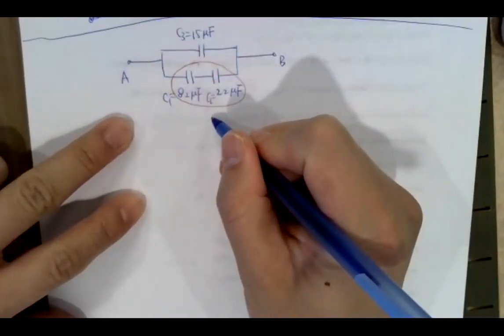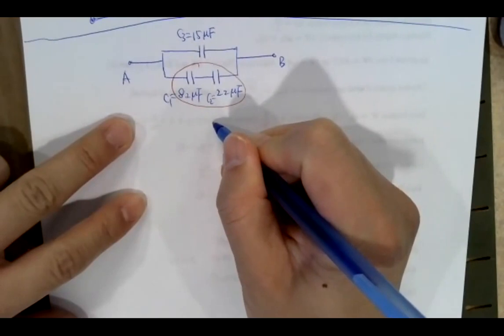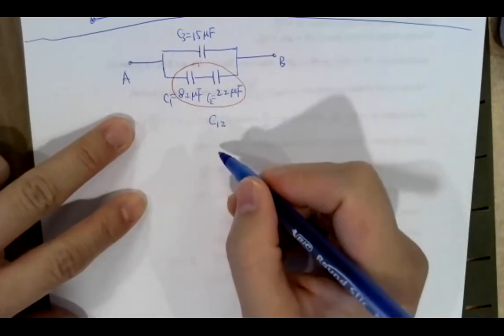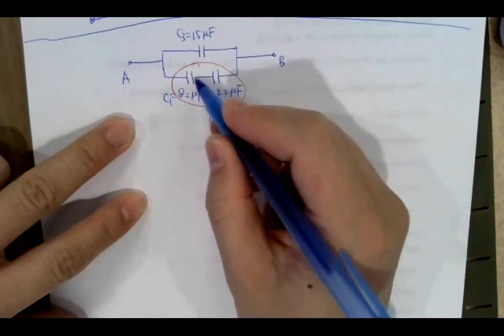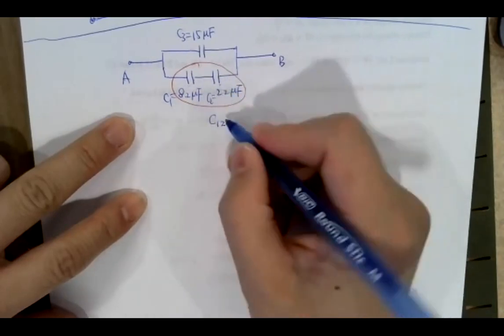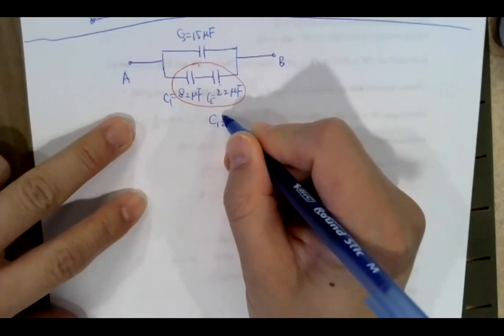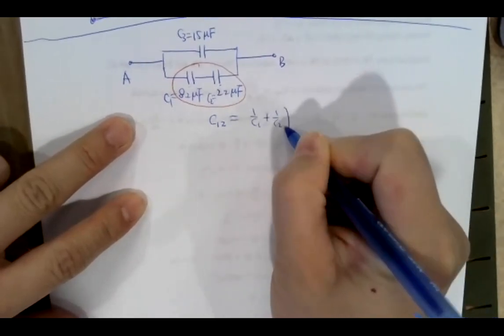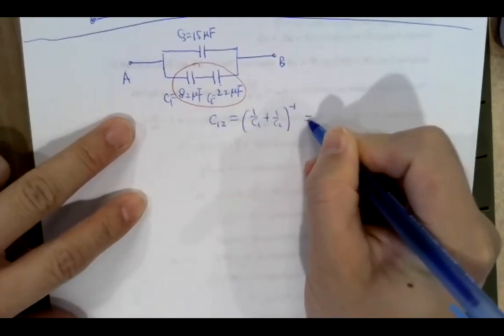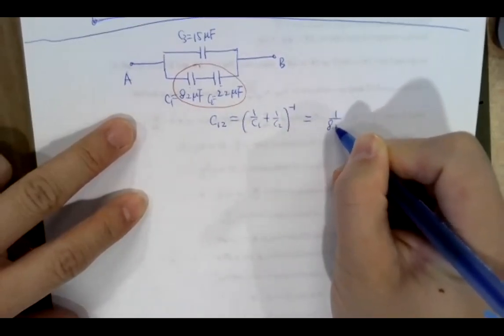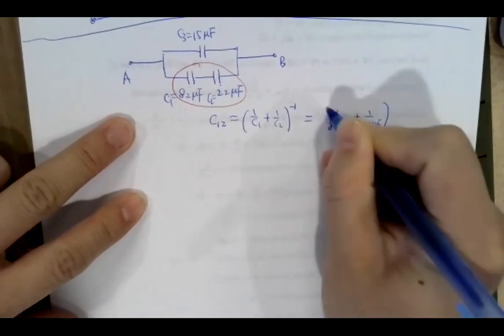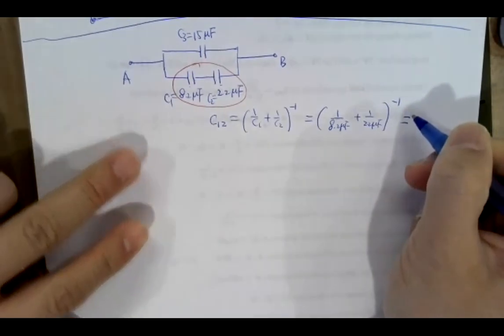Okay, so I can replace that with an equivalent capacitor called C12, combining 1 and 2. Because they are in series, all right, this will be equal to 1 over C1 plus 1 over C2, inverse. Okay, you can calculate what that one is first, and then you will take the inverse of it.